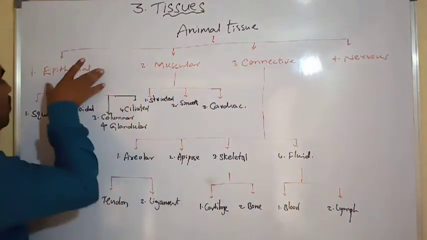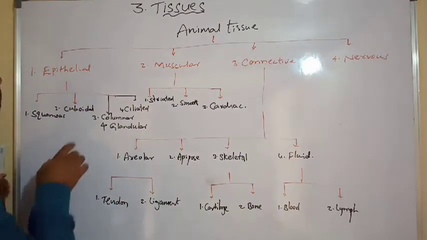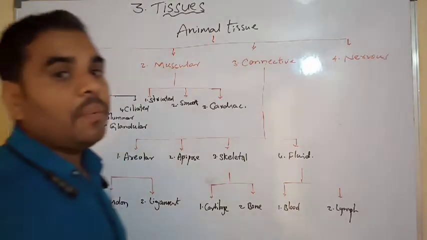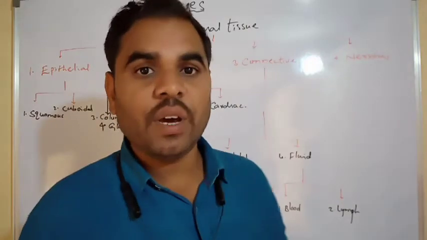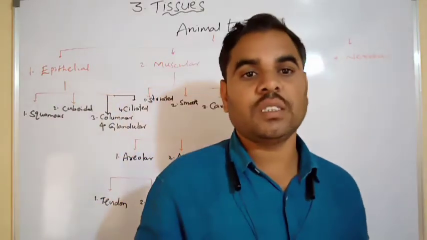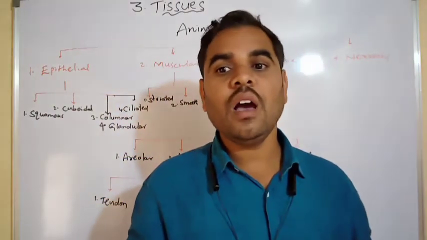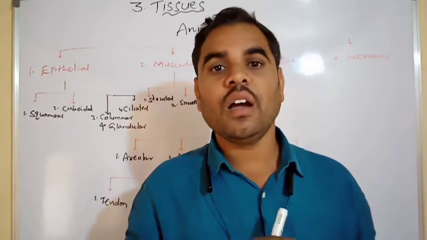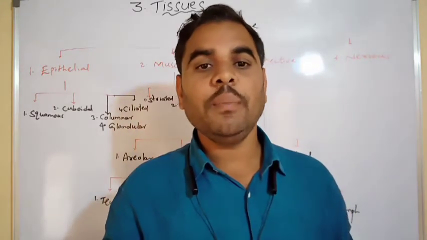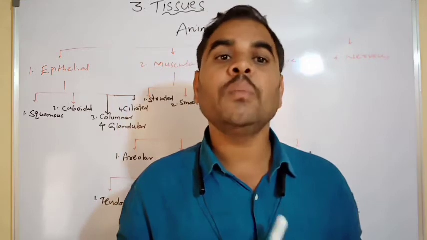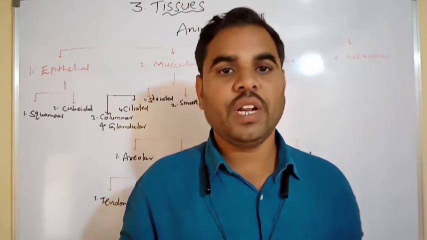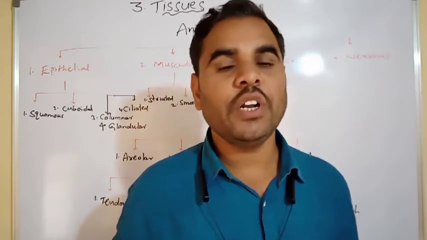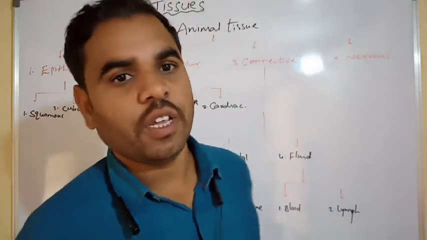Epithelial tissue: epi means a covering of the cells. For example, our skin is called the epidermis, and its main function is protecting our body.